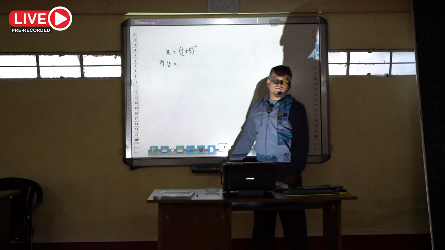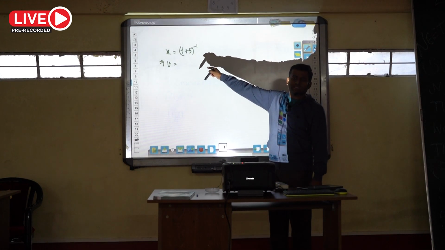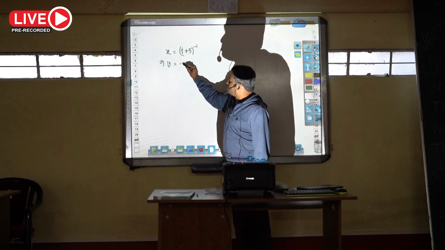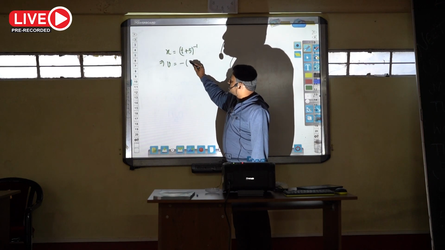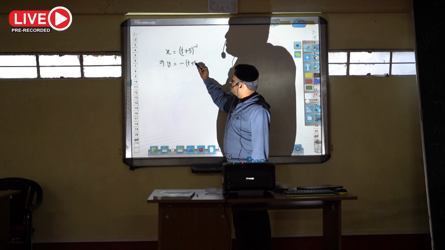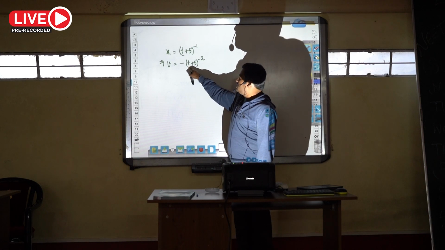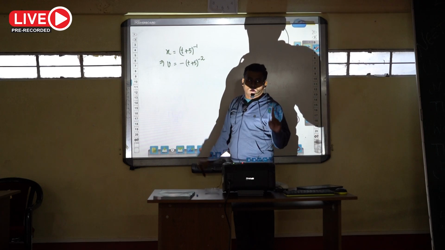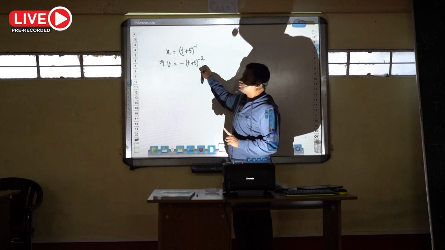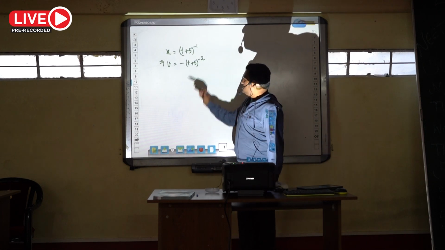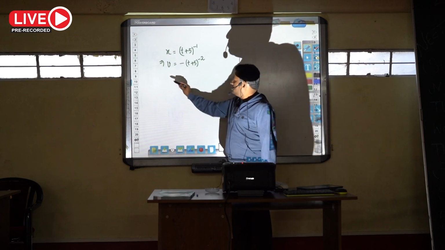So if you differentiate this with respect to t, it will be minus 1 (t plus 5) to the power minus 2, and derivative of the inside term is 1. So due to chain rule it will be multiplied by 1. So nothing else, it will remain same.